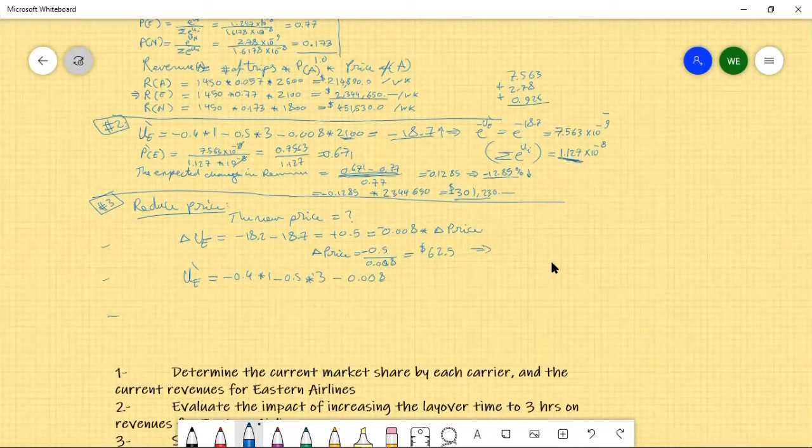The new price equals 2100 minus 62.5, which equals 2037.5 dollars. Multiply by 2037.5 equals. This should give me minus 18 point.